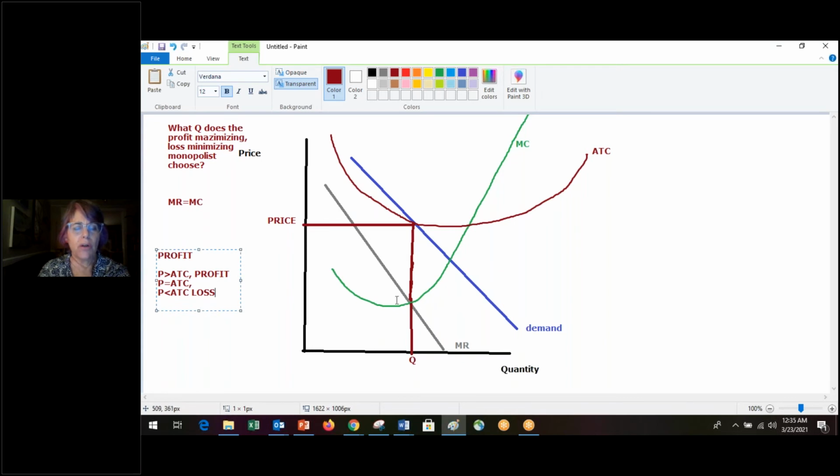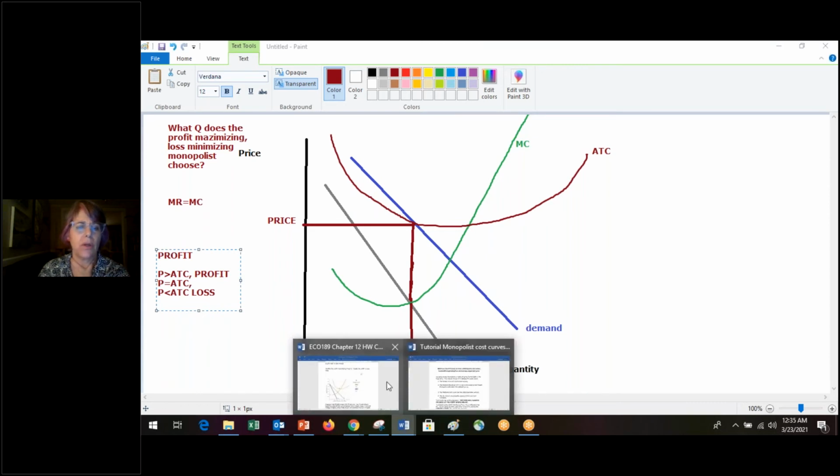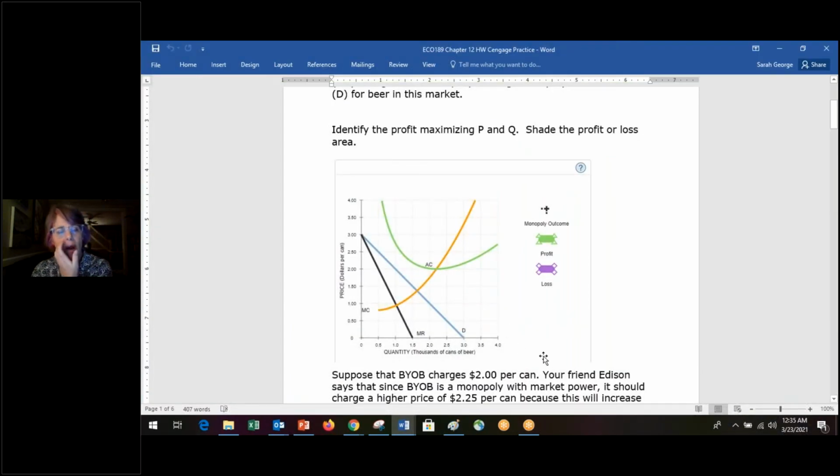Let me show you one of your homework problems that has a better, different graph to help you understand the other situations. So here's a picture from your Cengage homework. If it asked you the question, what Q will they produce? You're always going to do the same thing.